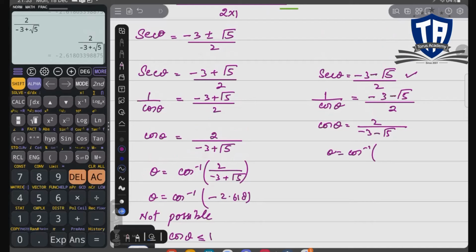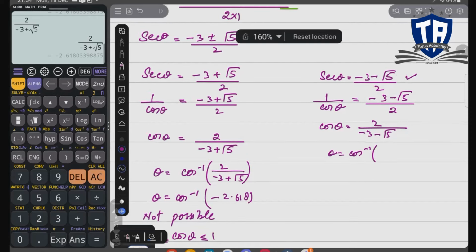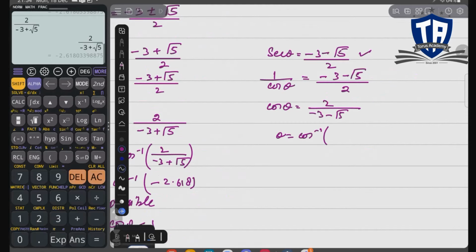This is a negative sign. Whenever we are finding the other factor, it is secant of theta is minus 3 minus under root 5. And secant would be converted into 1 over cos by using the reciprocal concept. Cos of theta, when you flip the fraction, you'll get this value. Now I'm finding the decimal of this fraction.